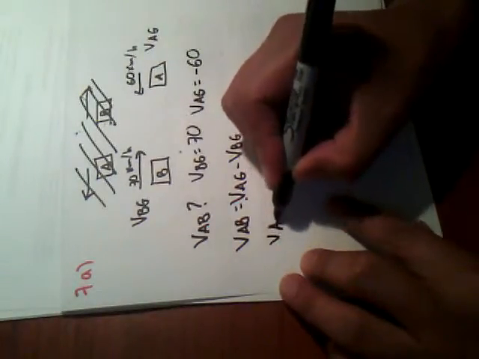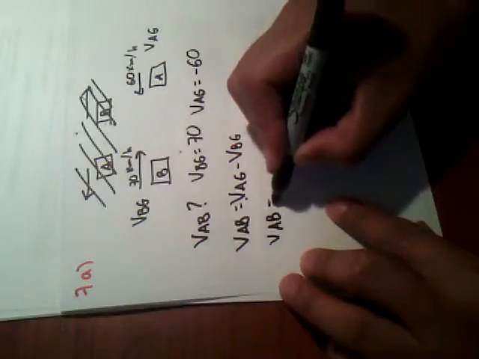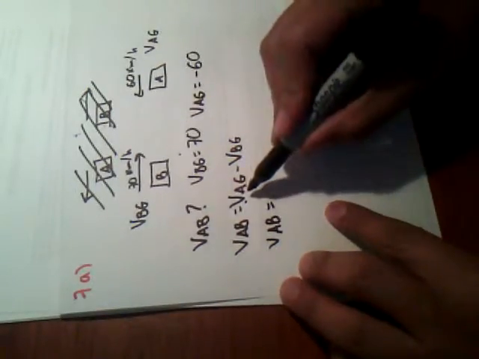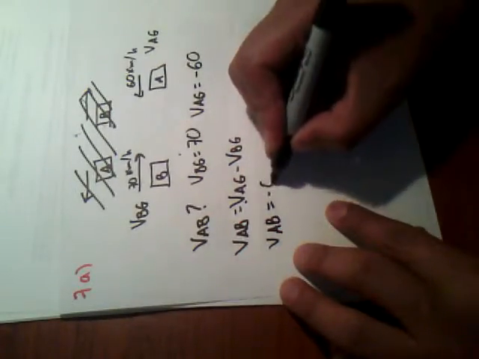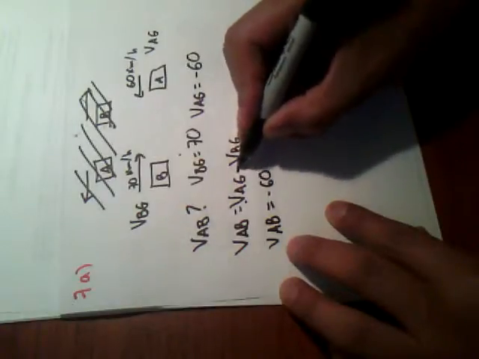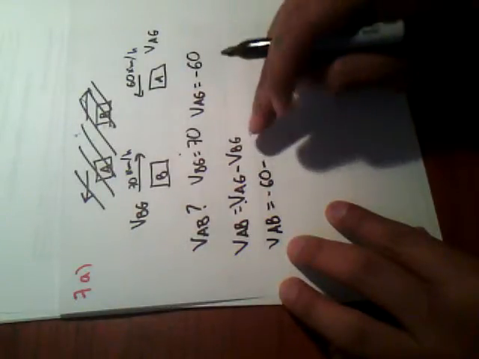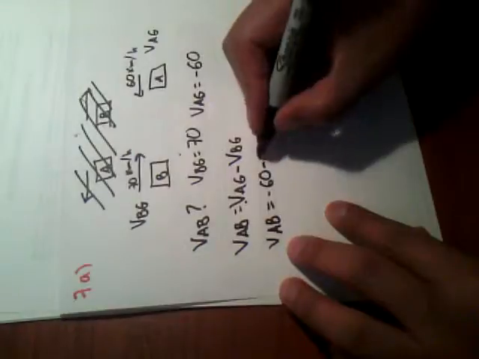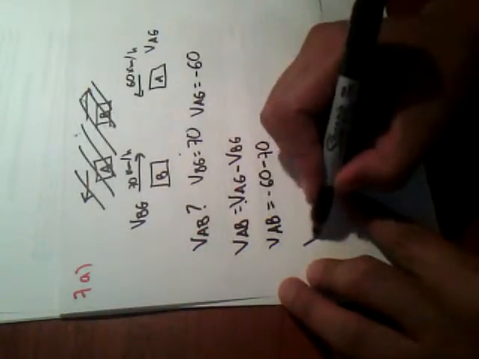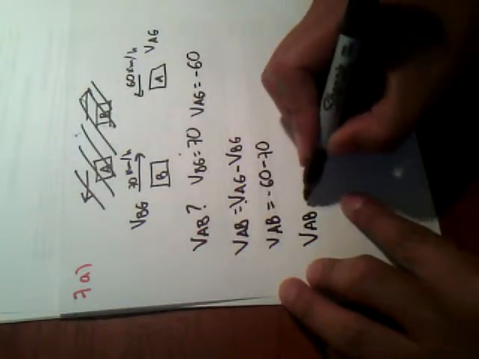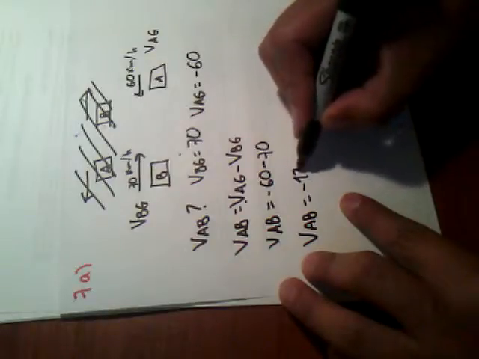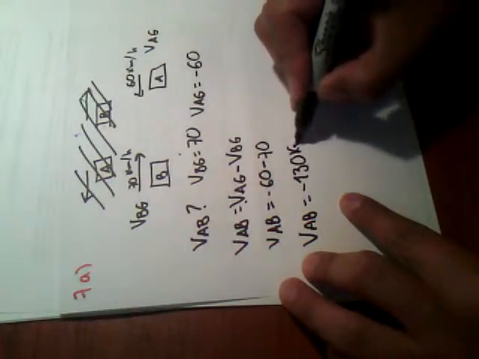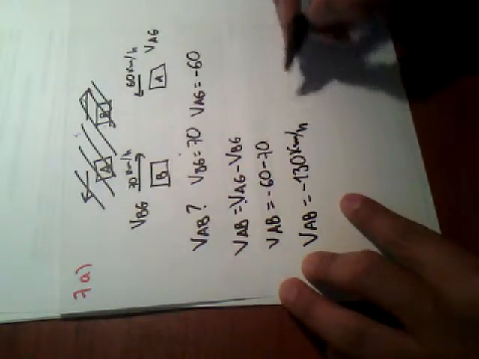So velocity of A relative to B will be velocity of A relative to ground, which is minus 60, minus velocity of B relative to ground, which is 70. So the velocity of A relative to B will be minus 130 kilometers per hour.